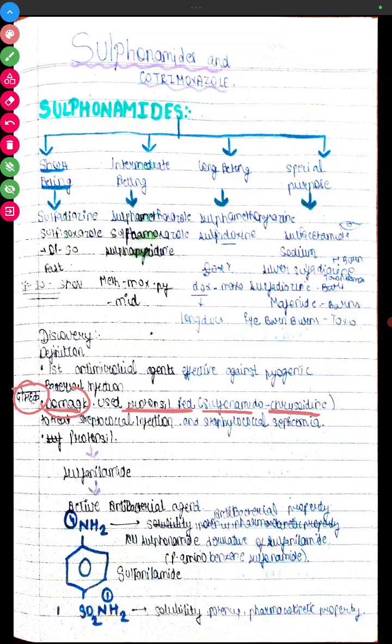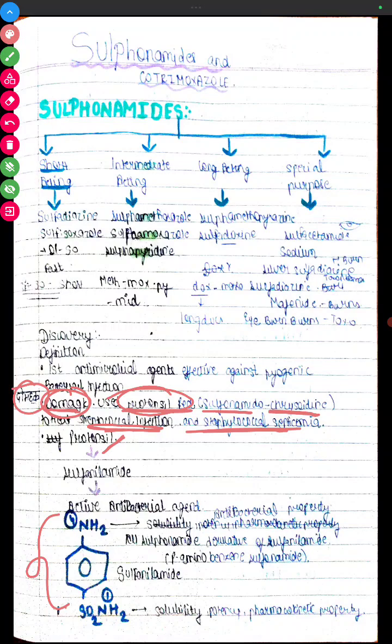So Domagk used Prontosil red to treat streptococcal infection and staphylococcal infection. And this Prontosil, when it goes in the body, will convert into sulfanilamide, and that sulfanilamide will be the antibacterial agent.